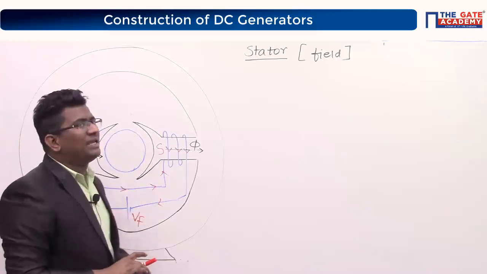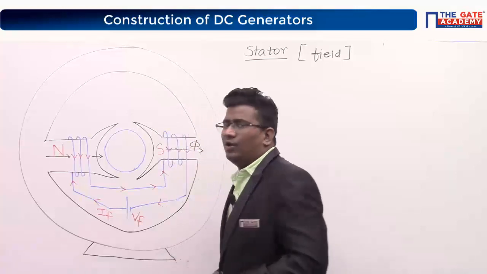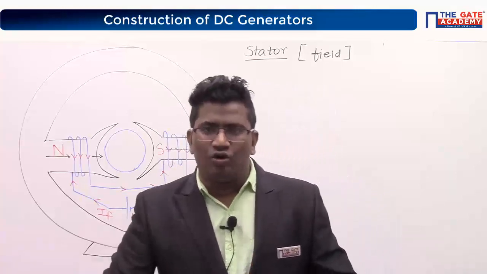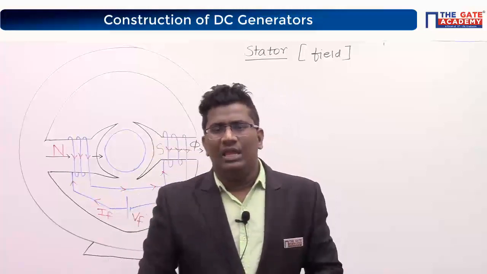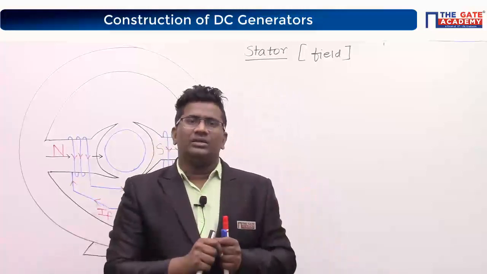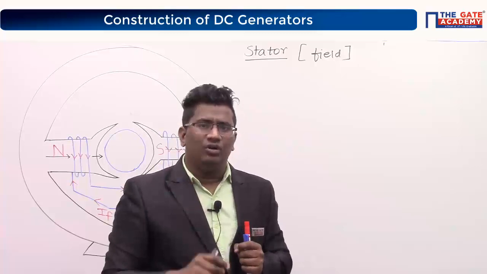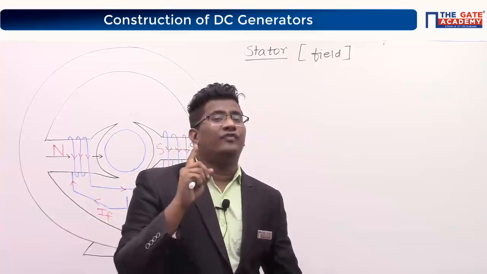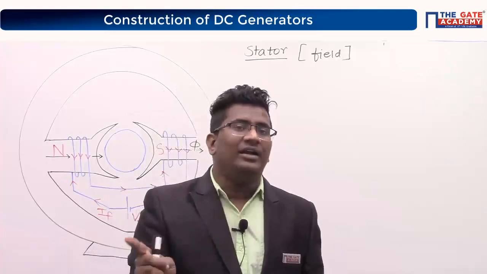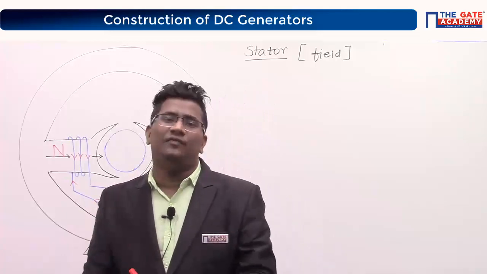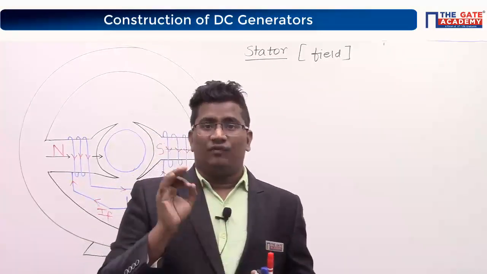But strictly speaking, without any closed path, is there any flow of current? No. What is the analogy of current in a magnetic circuit? I will interlink everything with the previous lecture. Flux.